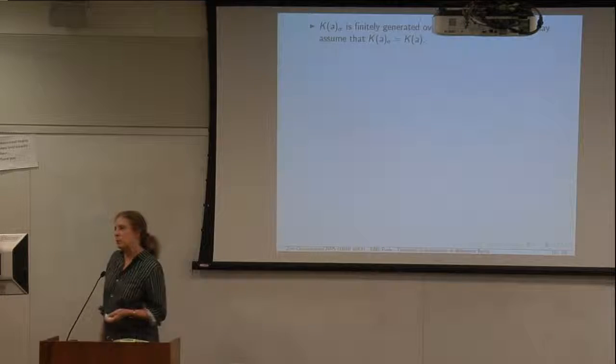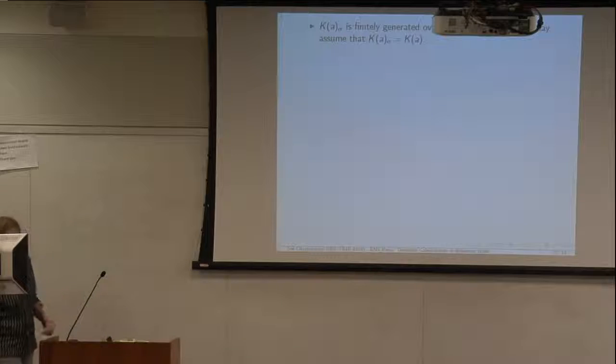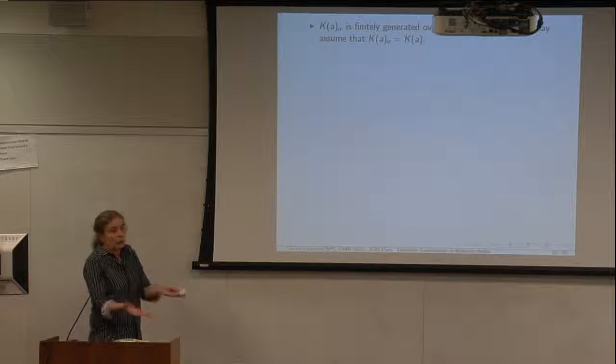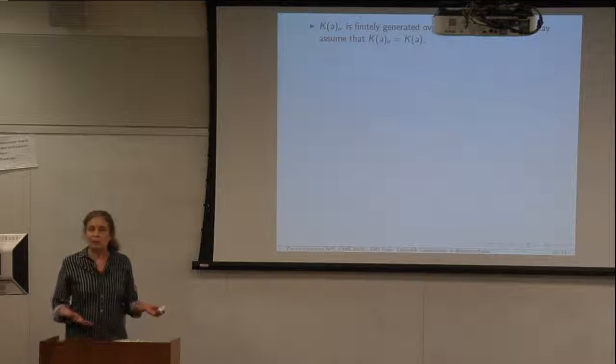So the first thing is that because K is algebraically closed, you actually see that the difference field generated by A over K is finitely generated as a field. So that's because if you look at it over E, it's certainly finitely generated as a field.